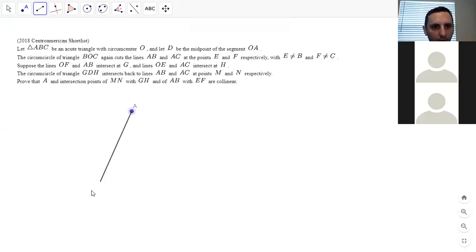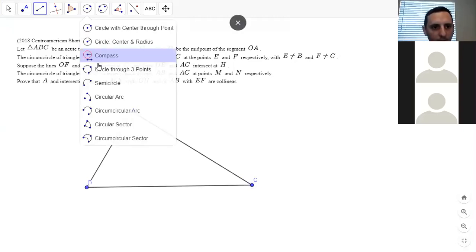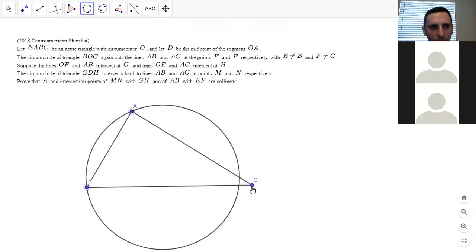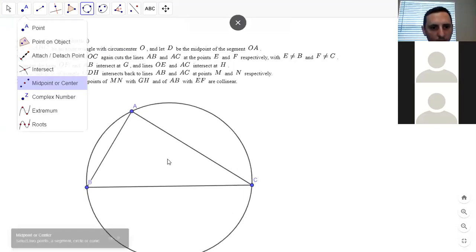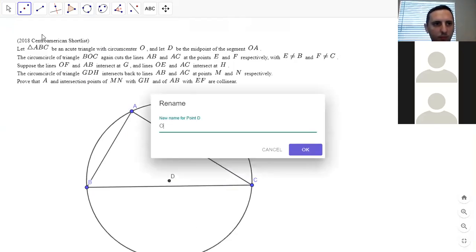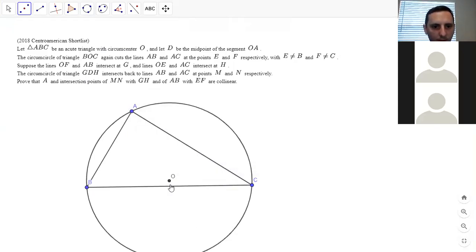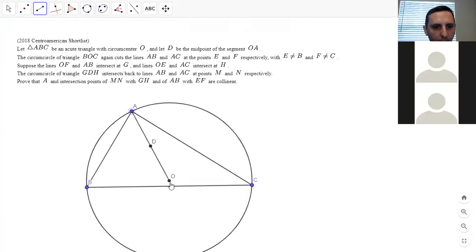So we have a triangle with circumcenter O, and D is the midpoint of OA. The circumcircle of BOC.